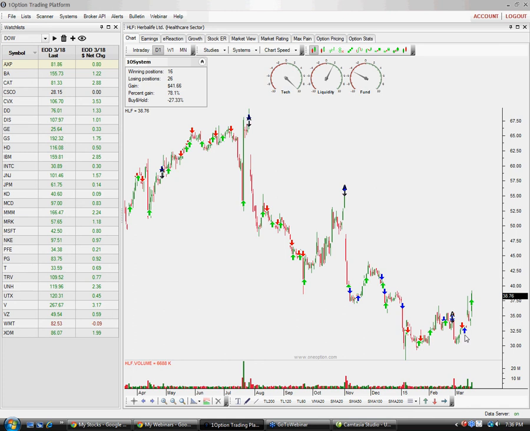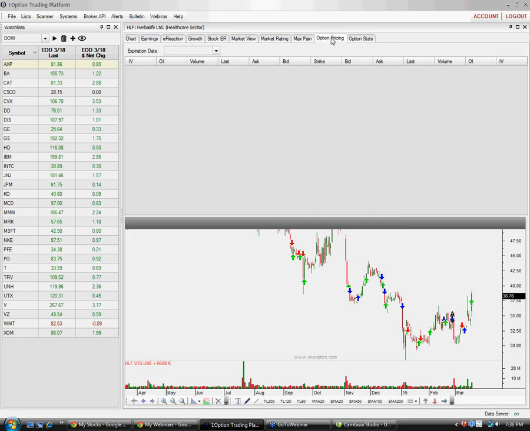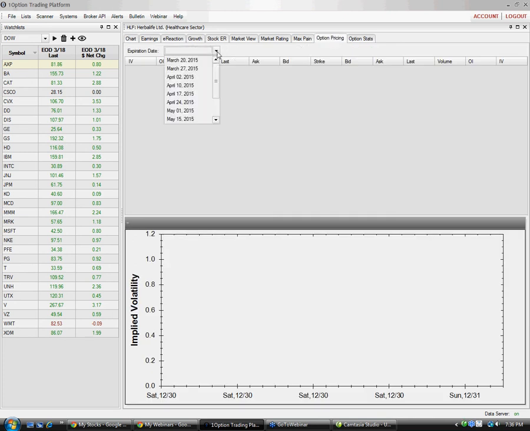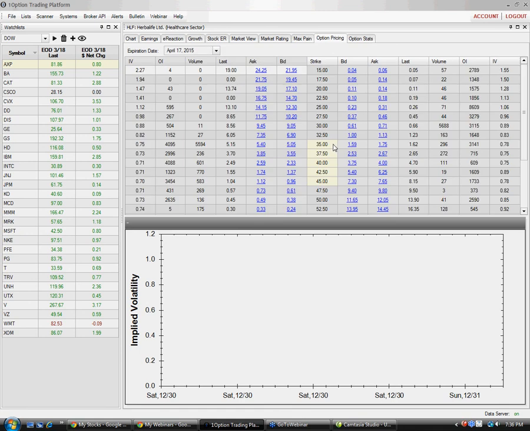So I like this setup. We'll take a very quick look and we'll see where those Aprils are trading. So, fairly wide bid-ask spread on the close, but you can work that bid-ask spread. $2.40 would probably be a good entry point.